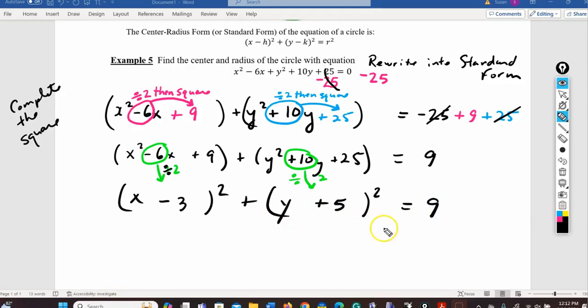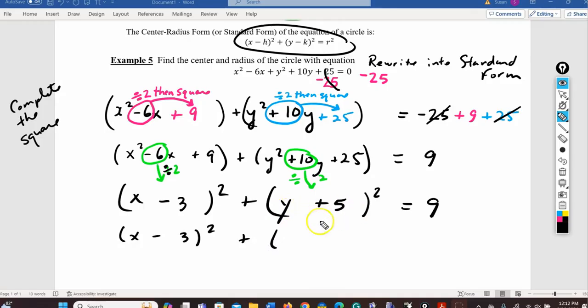Now I can read this off, or you might want to write it in the standard form. It's not quite there. We want x minus 3 plus, and then for y plus 5, we want y minus, so it's y minus negative 5. And 9 you can write as 3 squared. If that had been 10 instead of 9, you would have written it as the square root of 10 all squared.